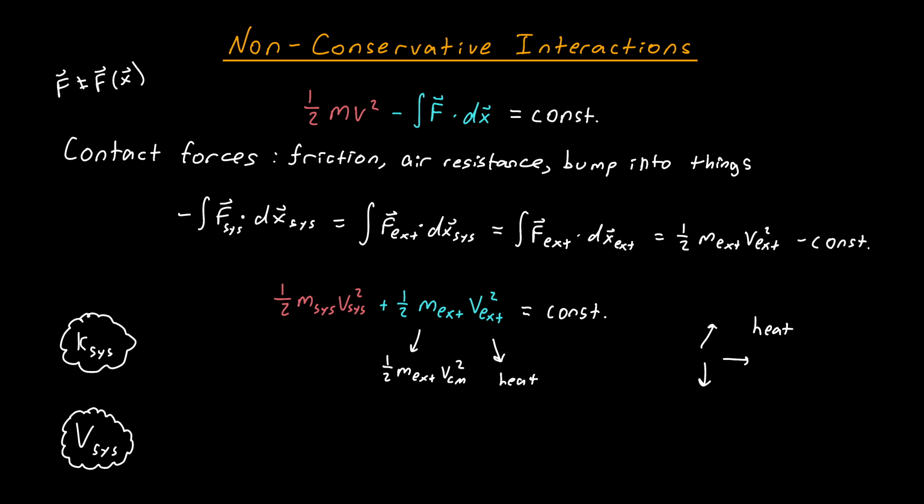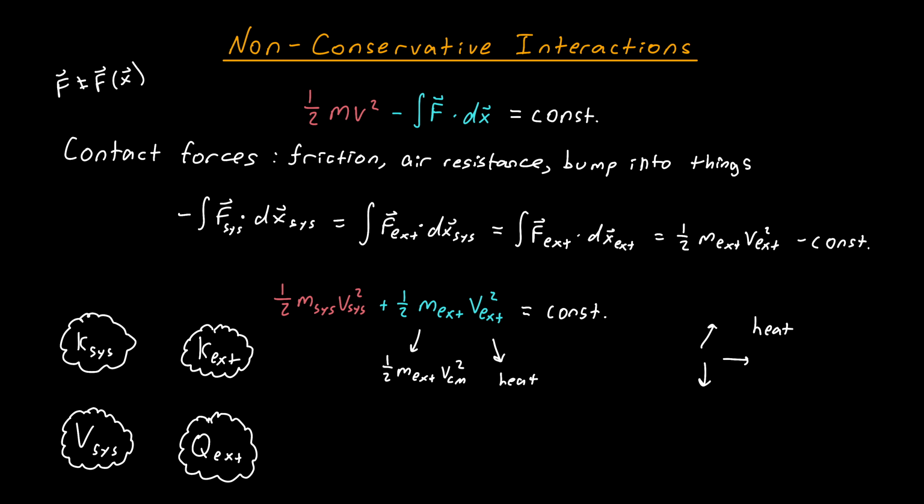And if there are any contact forces, then we also have to consider the kinetic energy of the external object, or whatever's interacting through contact with our system, as well as the heat of that external object, which is usually given a variable Q.